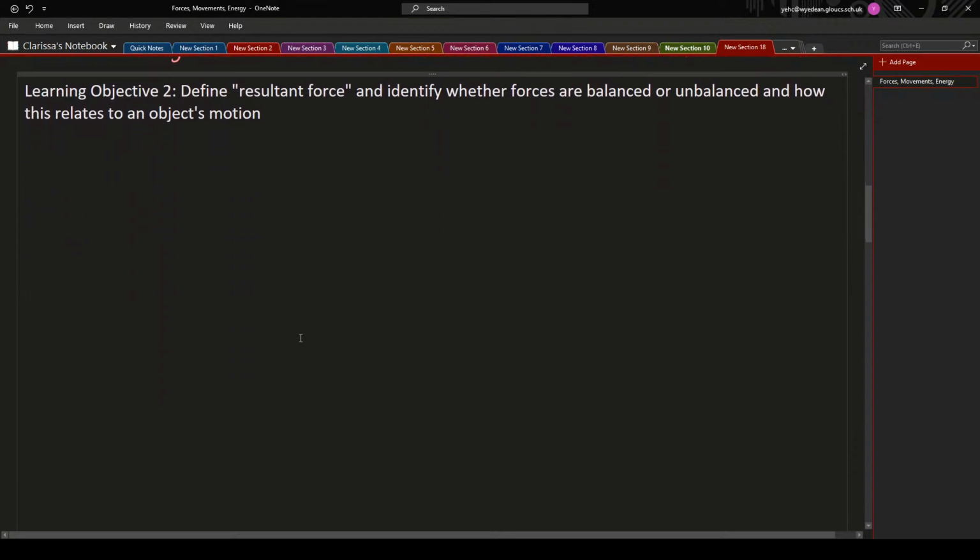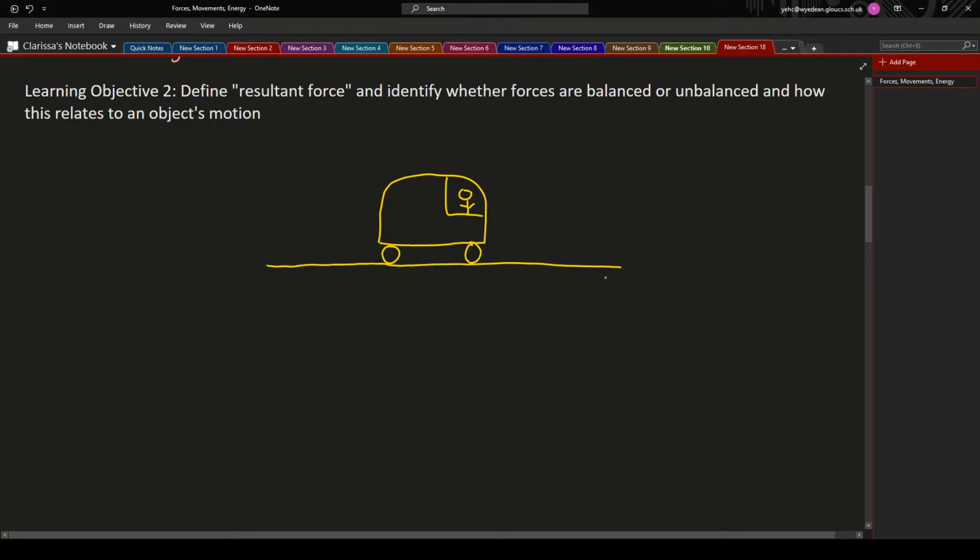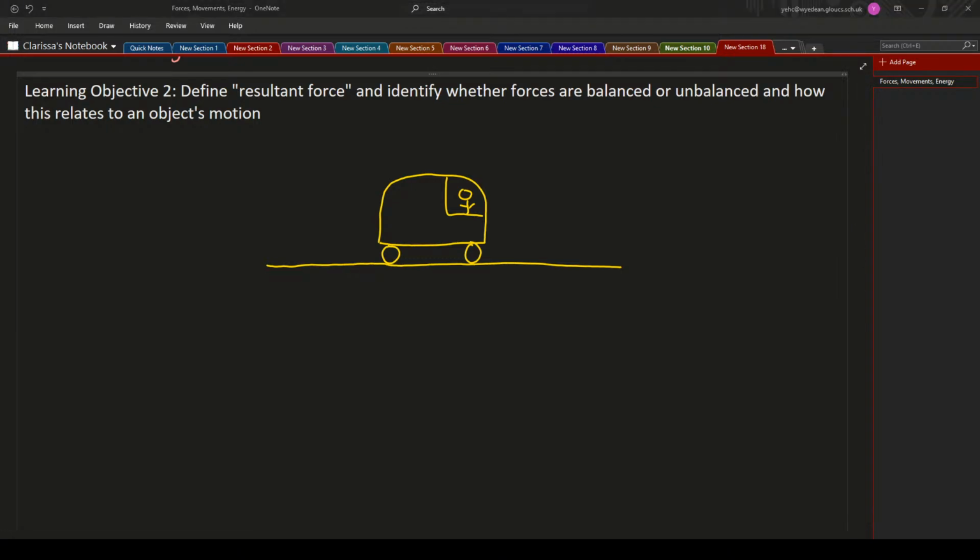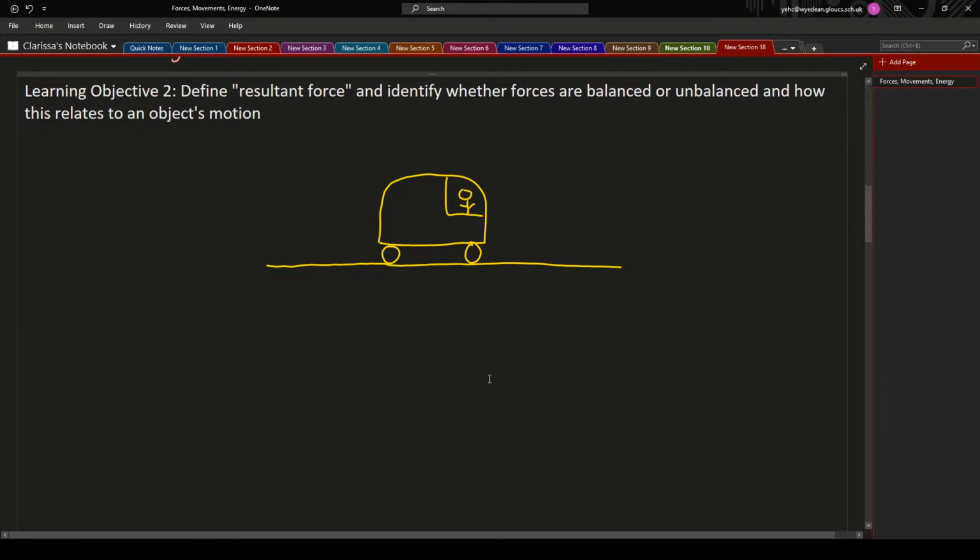Okay, so leading up to learning objective 2, let's imagine that there was a car. Here's my car driving along. So it's moving forward. Now let's think about all of the different forces that are acting on this car.